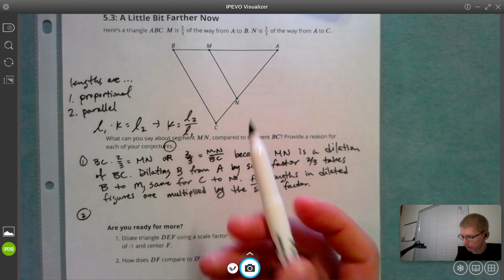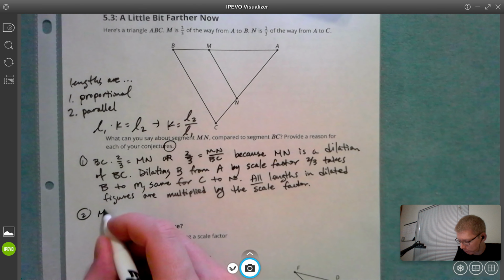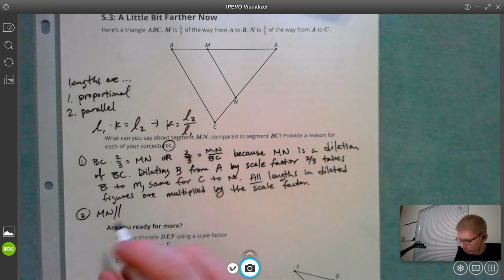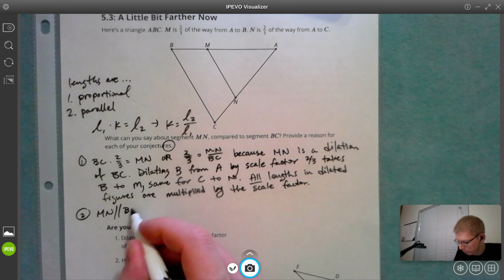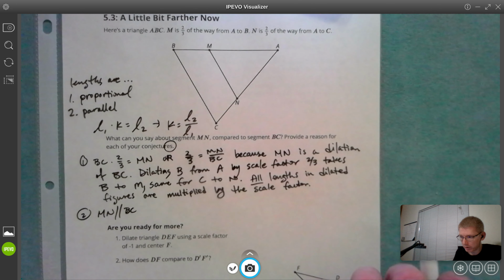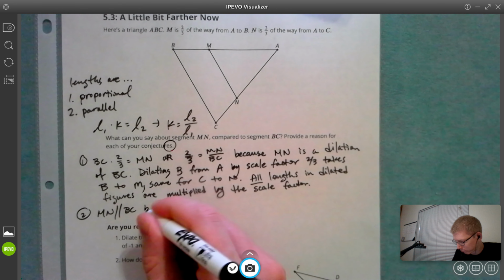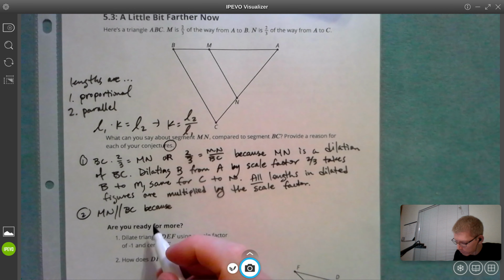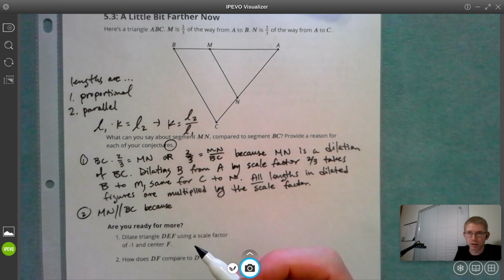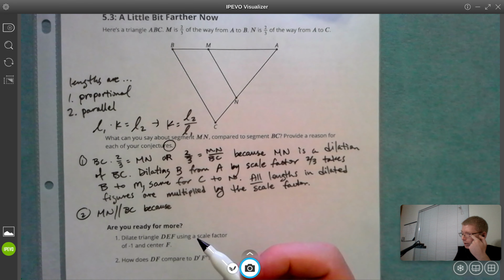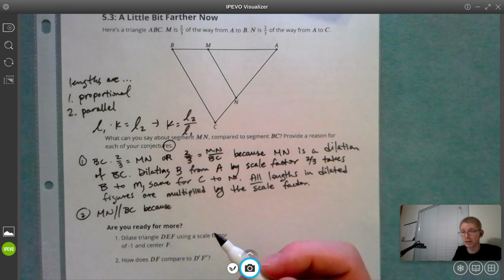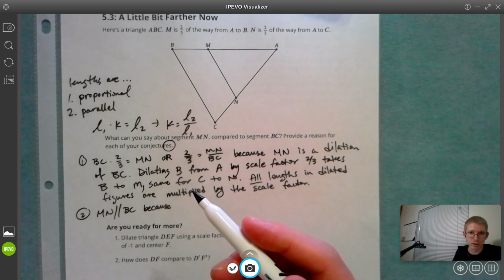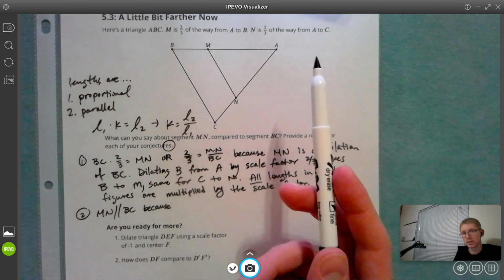So we can say MN is parallel to BC because corresponding sides of dilated figures are parallel, right? And the explanation for this is actually going to come from, I think it's Unit 3, Lesson 4, where we said dilations take lines to parallel lines if the center of dilation is not on the line.